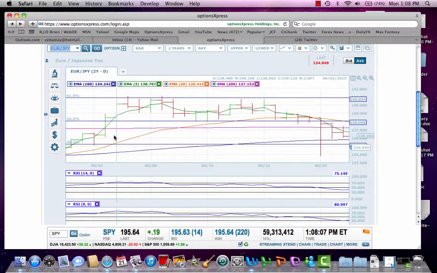It's a 14-day, so it's going to take a little bit longer. And you have a 9-day RSI, which is close to 81, for argument's sake, if we want to round. Both of them would signal an overbought scenario. So now that we think the market is overbought and should end up going lower, the problem is, where do we put our trade?